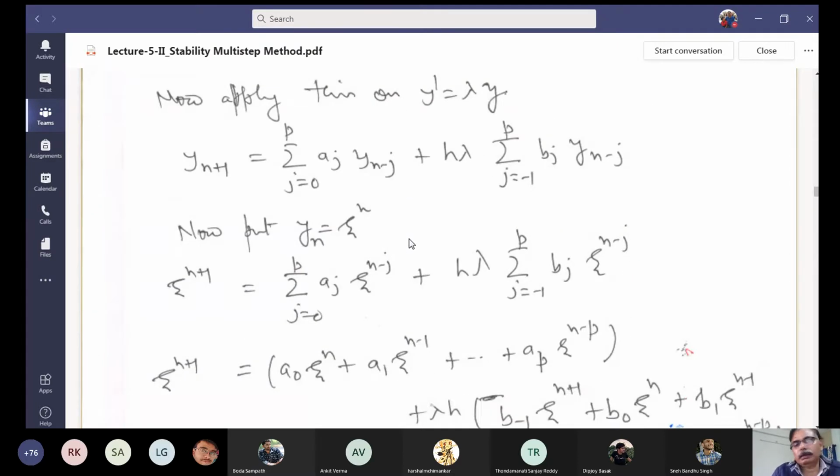This type of method is called a difference equation. That is not taught to you.